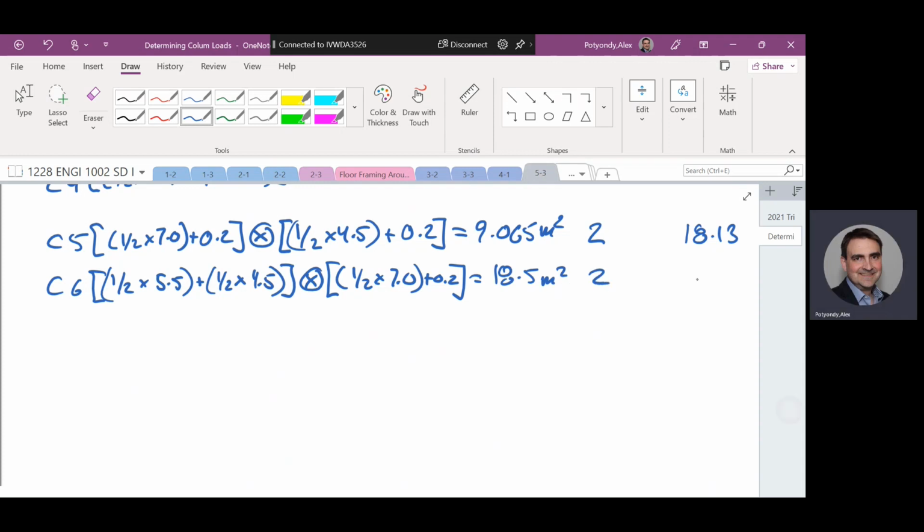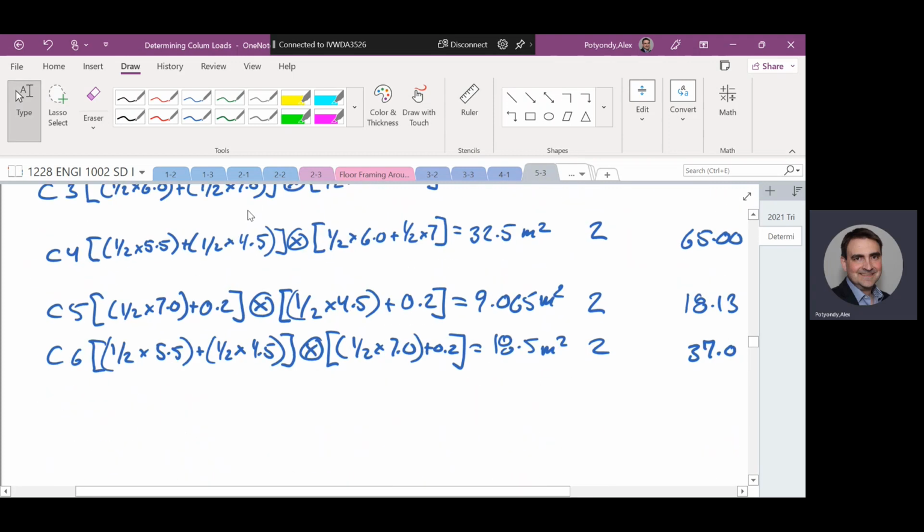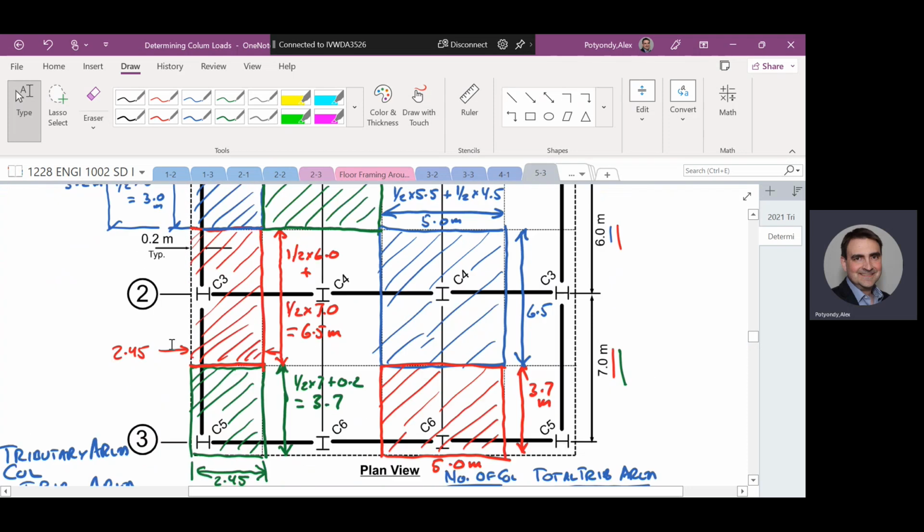I have 2 of those columns, so that's 37 meters. Take that to the hundredths place. Now, I've completed all my tributary area calculations.